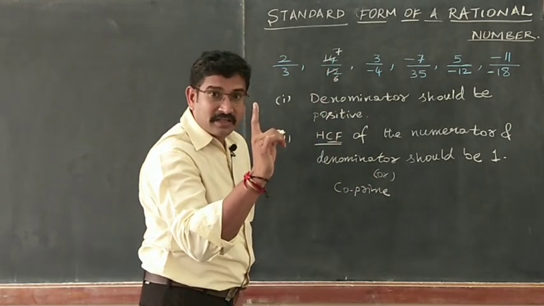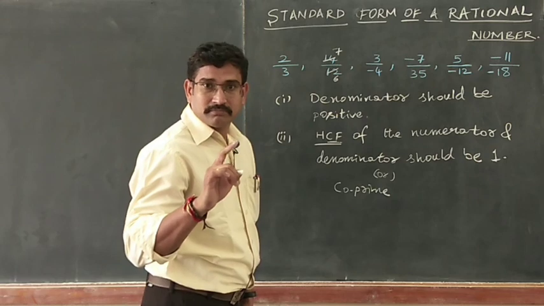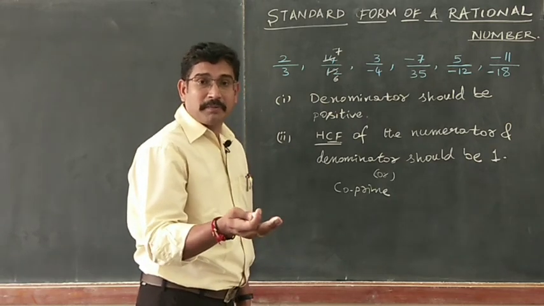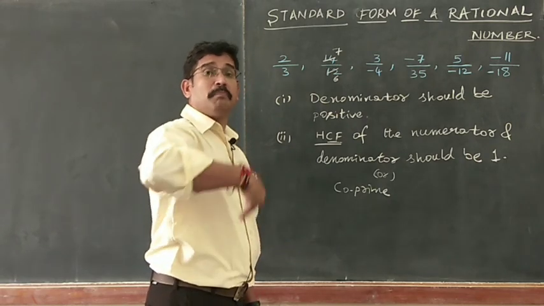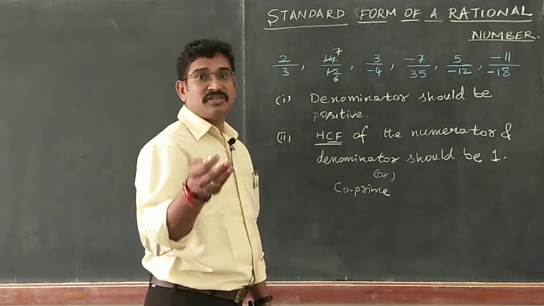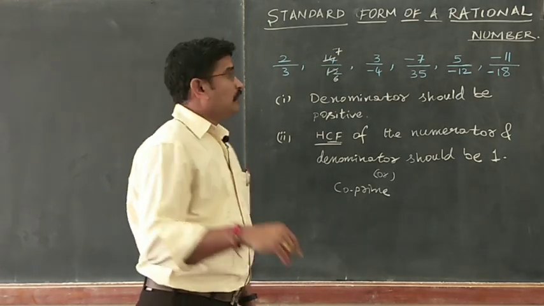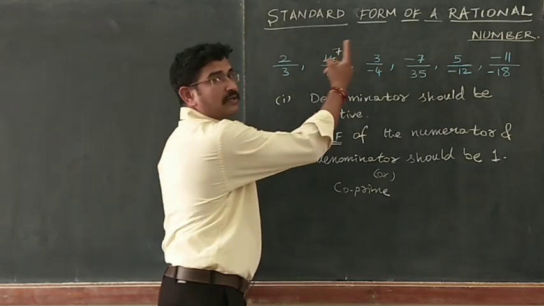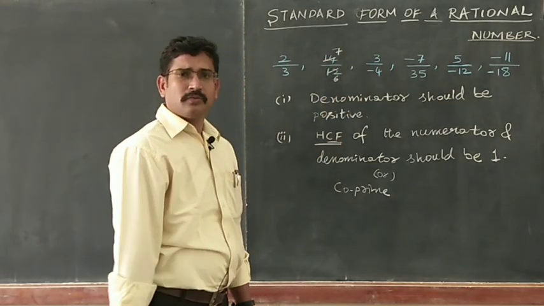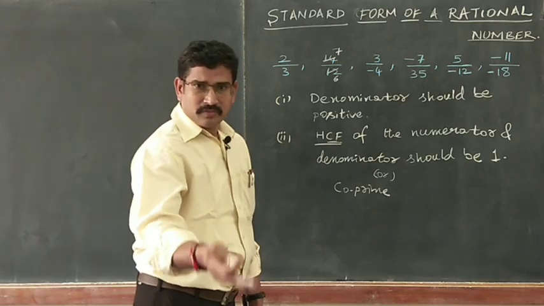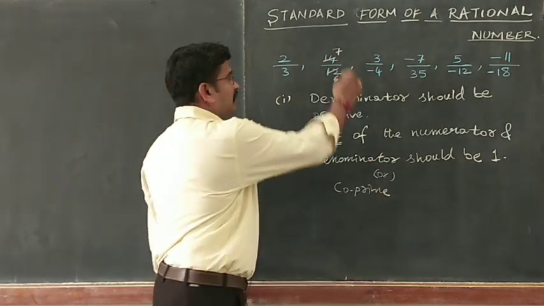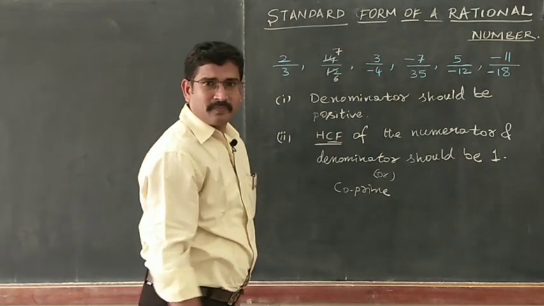It does not mean that both must be prime. Any one of them may be prime, both may be prime, and both may not be prime, if you can recollect the meaning of prime numbers. Here in the case of 14 and 12, they are further simplified to 7 by 6.